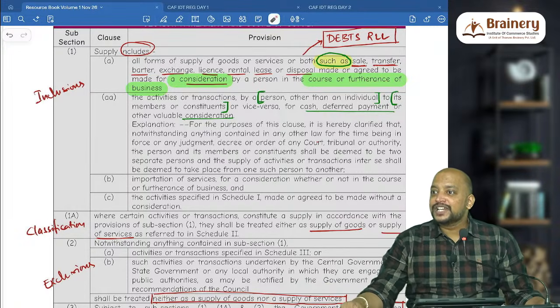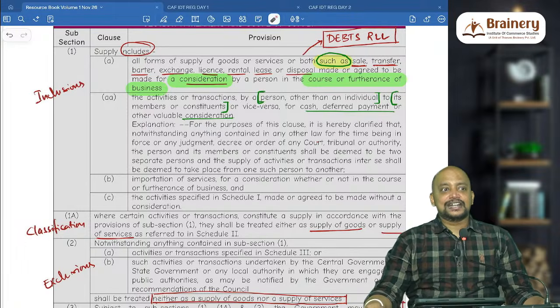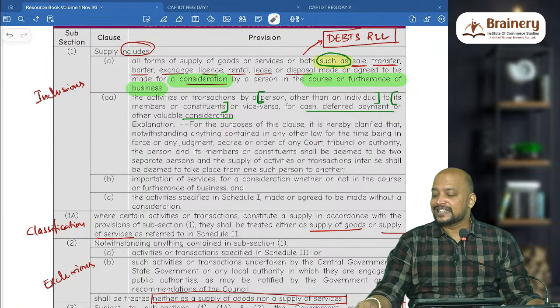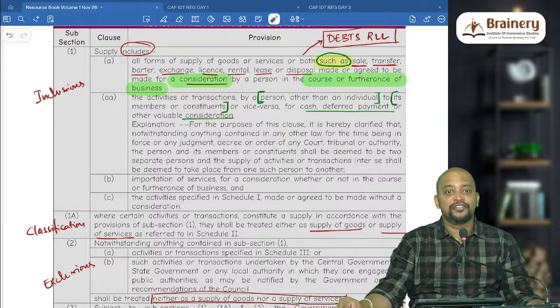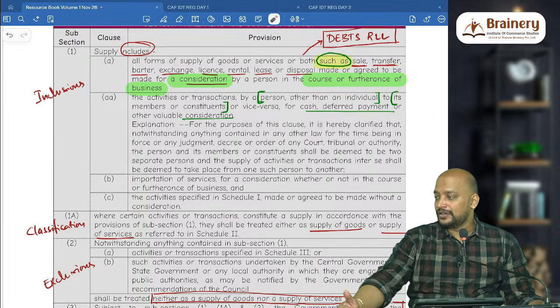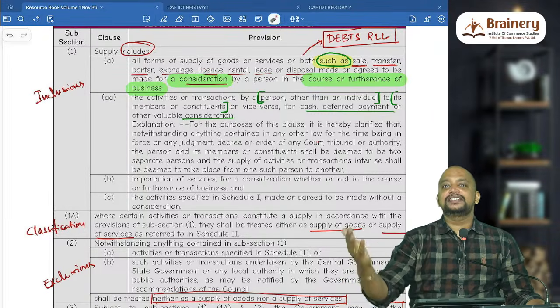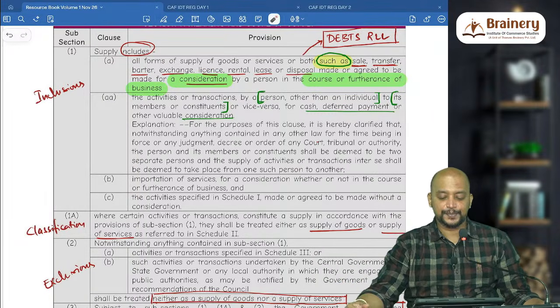Like that one decision came in the year 2018. But 2017 onwards, GST started. Many people interpreted that this Supreme Court decision will be applicable even for GST. Now the government wants to block. No, for GST it should not be applicable. Got it? So they added this explanation. Now you read, you will understand.